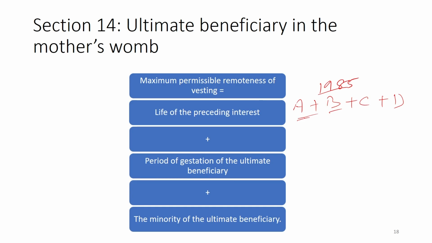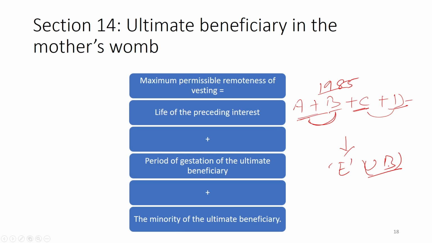A and B were the spouses, C was their child, D was C's child, and ultimately the property was going to be divested into E. E was the unborn person.